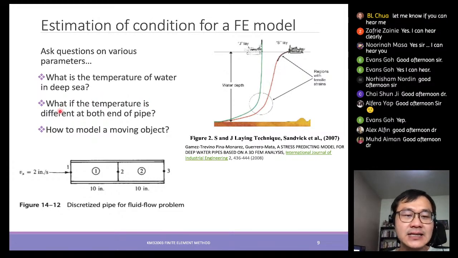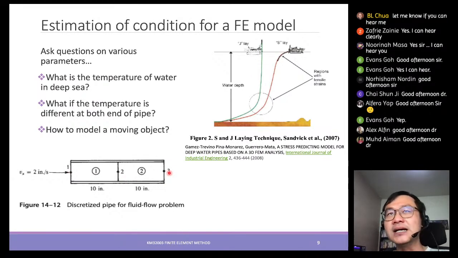For the second question, what if the temperature is different at both ends? This point and the other point, maybe this is room temperature, it is a hot summer now, maybe 30 degrees Celsius, whereas this is very cold, right? What should you do? You may want to consider the temperature effect on the permissivity of the fluid itself.